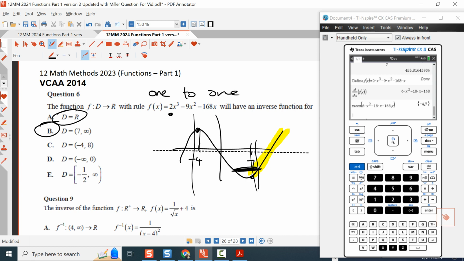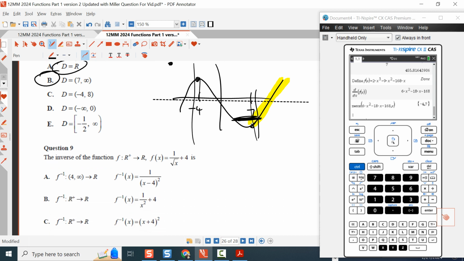So it's not one-to-one, because it hits the stationary point and comes back up again. So all of them, try the rest at home, and you'll find that all the rest don't produce a one-to-one function.